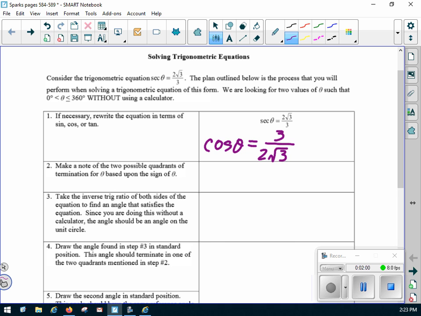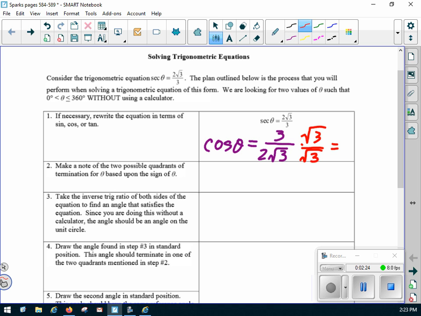I know I've told you that you don't have to rationalize. When you have an answer that has a radical in the denominator, you don't have to rationalize. In a lot of these, it's going to be really helpful if you do. How would we rationalize this one? Multiply top and bottom by root 3, good.